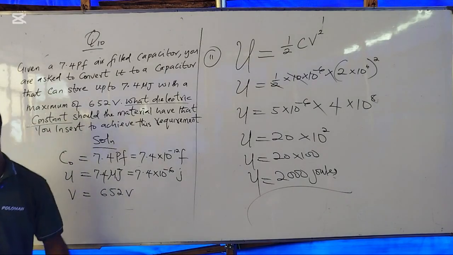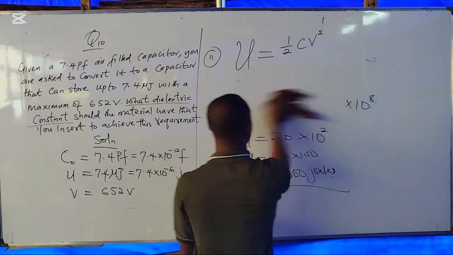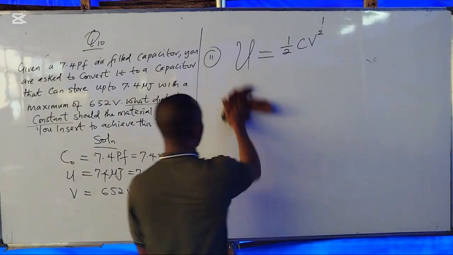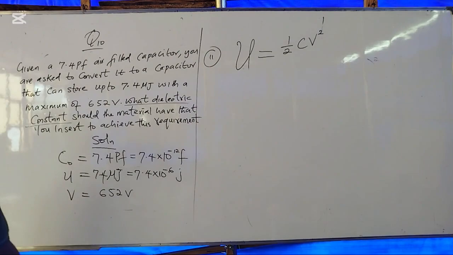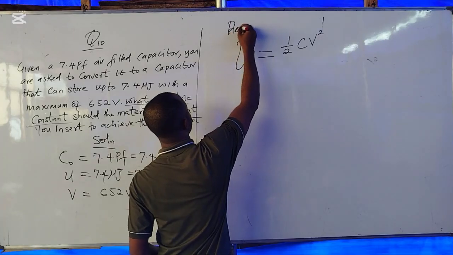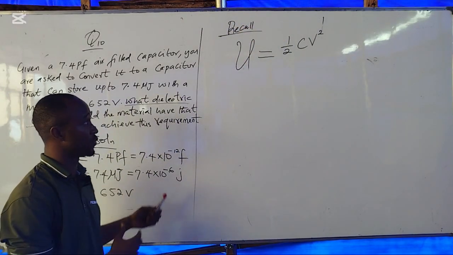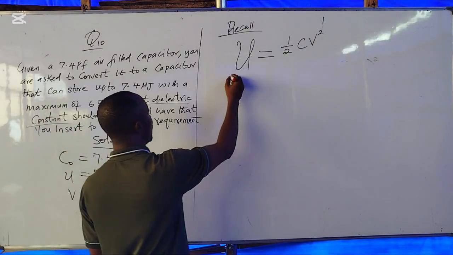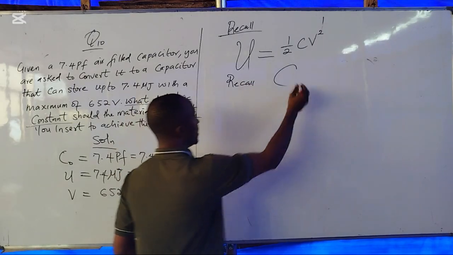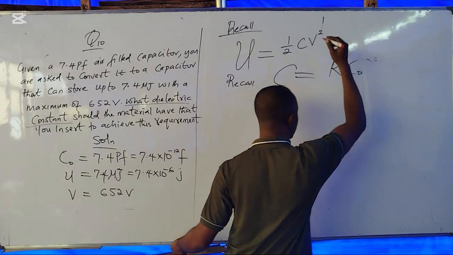This is a very simple case here. What's the energy? Energy is equal to half CV squared. Recall that energy equals half CV squared, but also recall that capacitance C is equal to K C naught.